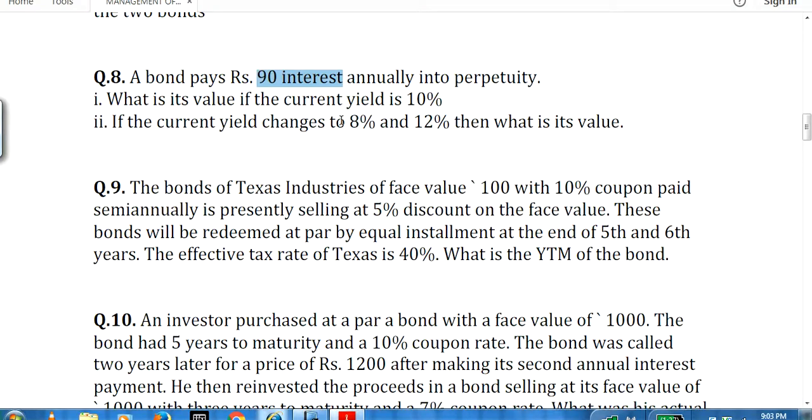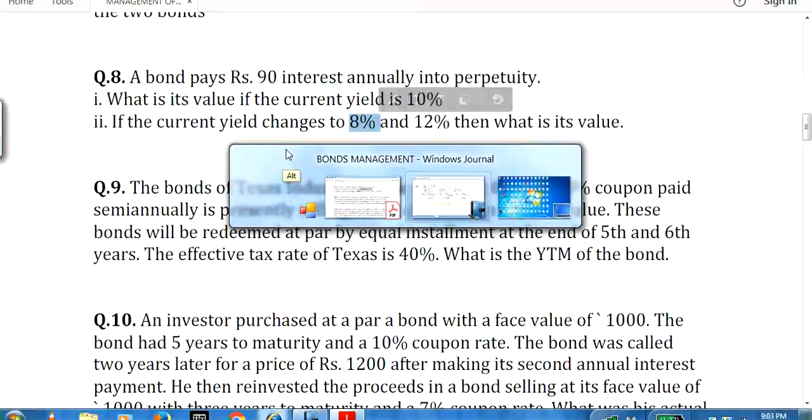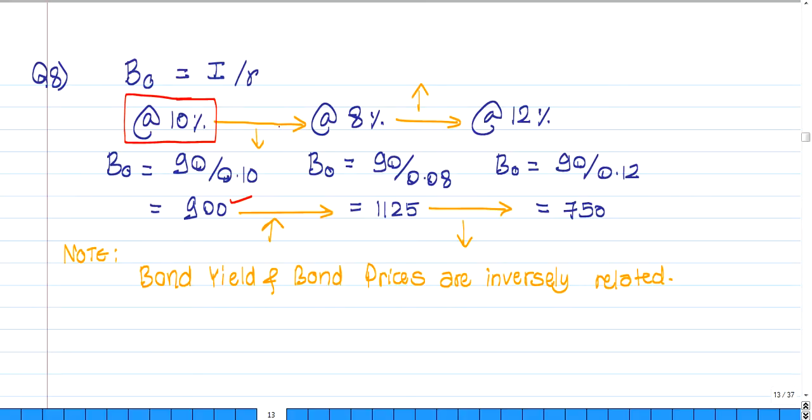Then in part 2 of the question, the yield is changed to 8%, so that is a decrease. 90 divided by 0.08, the value of the bond is 1125. Whenever there is a decrease in the interest rate or coupon rate, the value of the bond increases. You can see, right?